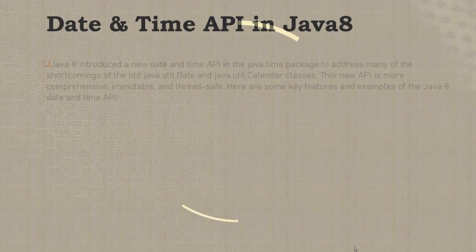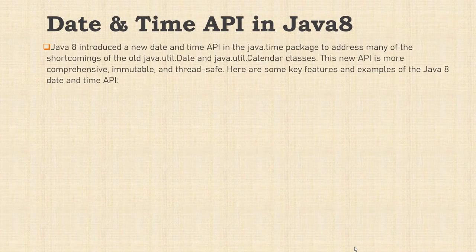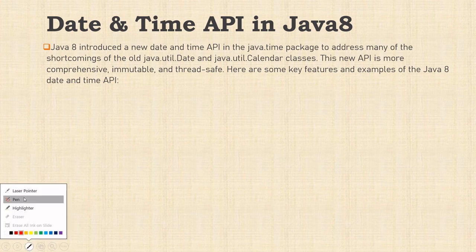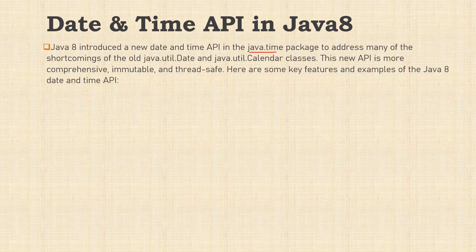Date and time API in Java 8. Java 8 introduced a new date and time API in the java.time package to address many of the shortcomings of the old java.util.Date and java.util.Calendar.